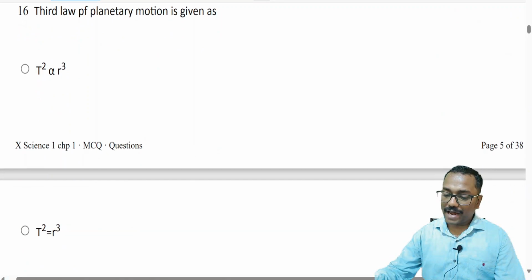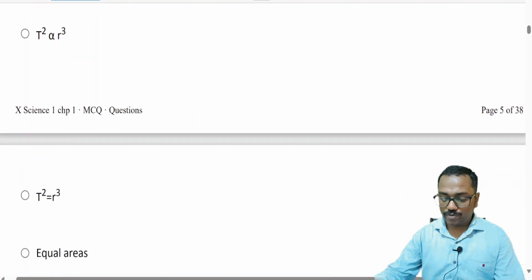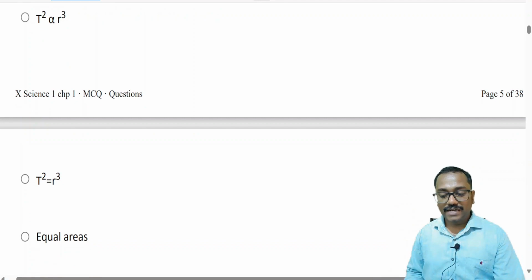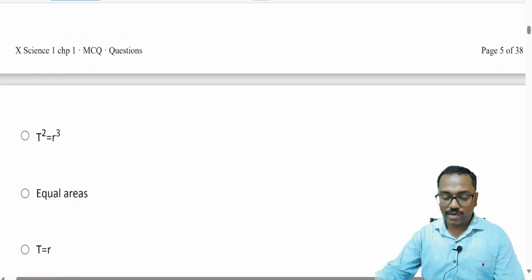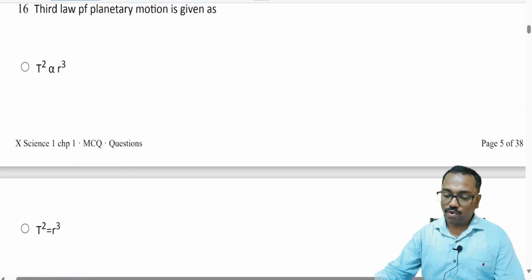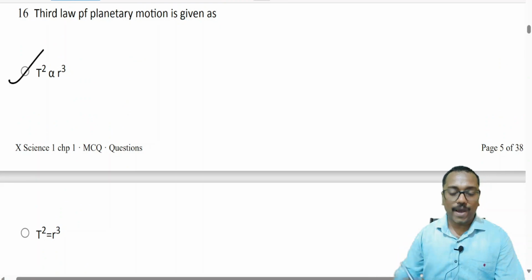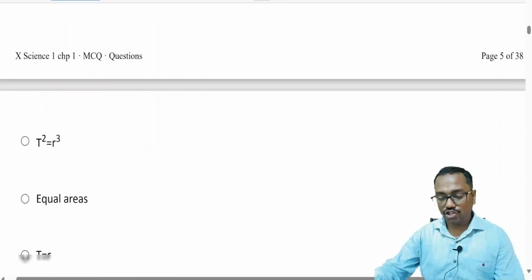Third law of planetary motion is given by option 1, T square directly proportional to R cube. Option 2, T square is equal to R cube. Option 3 is equal areas and option 4, T is equal to R. So we already know that its answer is T square is directly proportional to R cube.